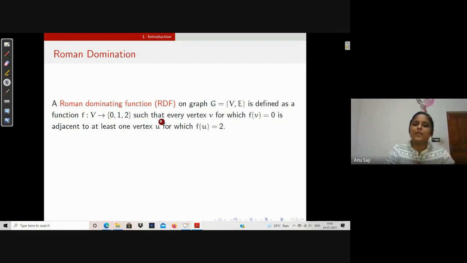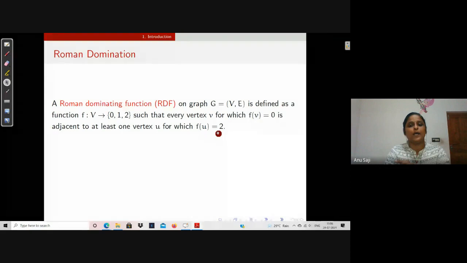A Roman dominating function, RDF, is a mapping from the vertex set V to the set containing 0, 1, 2, such that every vertex with the value 0 must be adjacent to at least one vertex with the value 2. For any graph, we can find an RDF because we can simply assign the value 1 or 2 to every vertex.